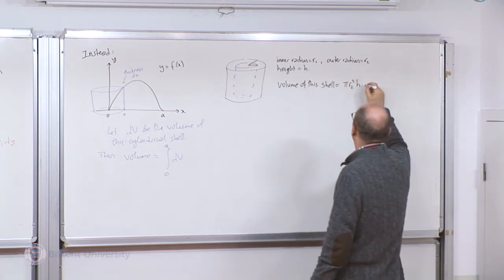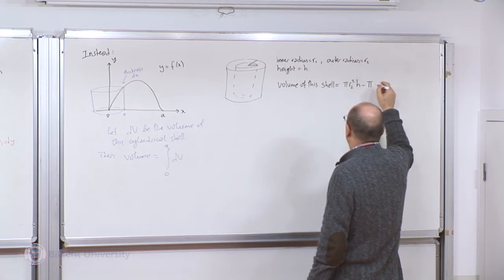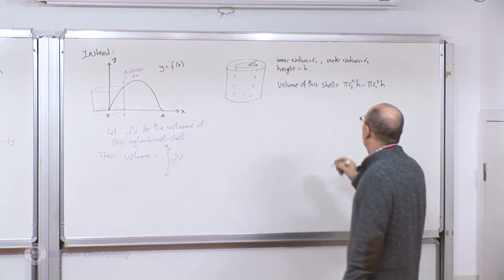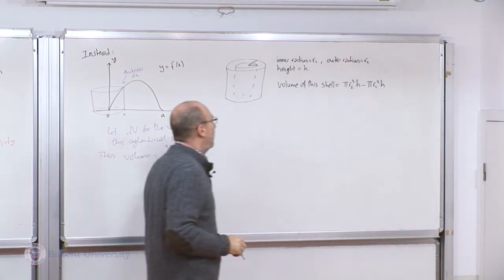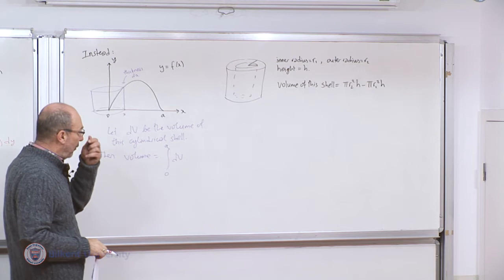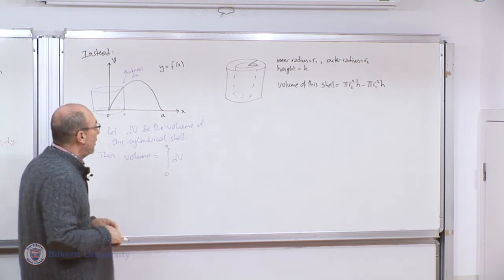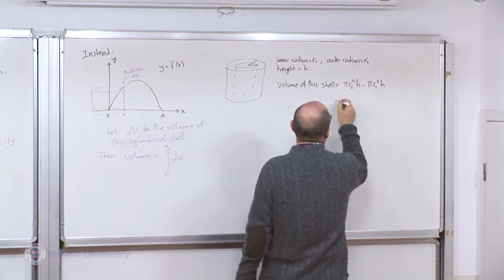And then from this I subtract the volume of the other one, pi r1 squared h. So this is the volume. Let us simplify this and see what we can do.